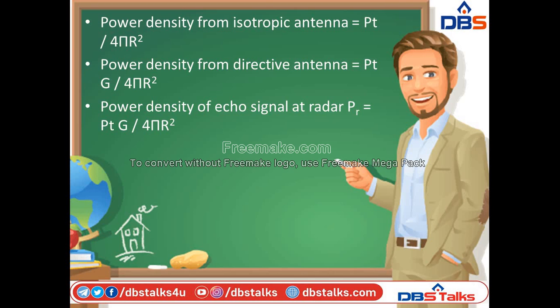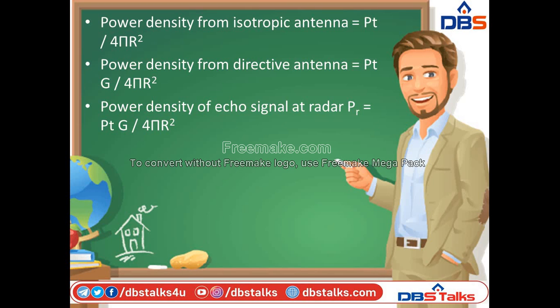Sometimes we are unable to find the targets, and we are going to waste the signal. So in order to avoid the loss of signals, we are going to use directional antennas, so that the complete signal will be transmitted in one particular direction, so that the gain is high.